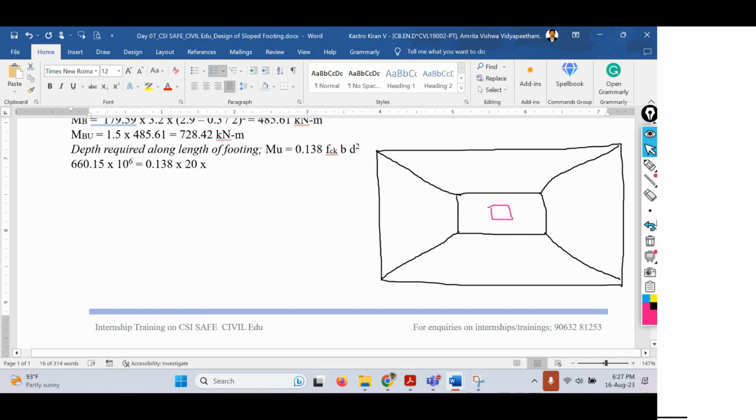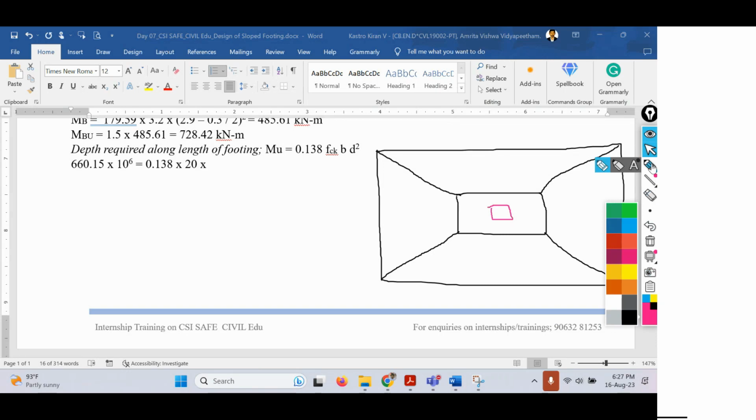Let me write that projection value, 75 mm on all sides. Now what we have to find out is the width of the footing at the top. The top portion is this one. Remember this.